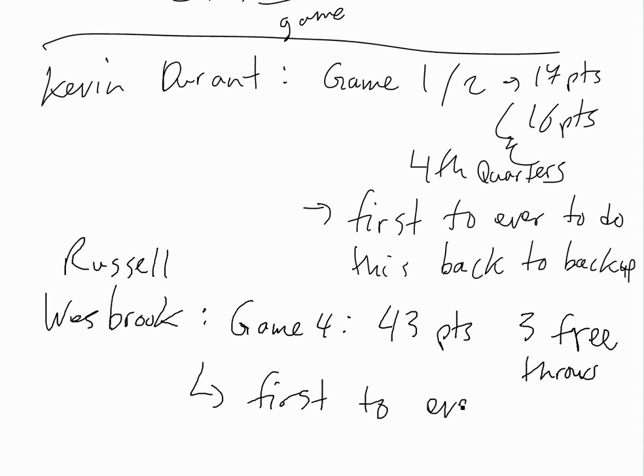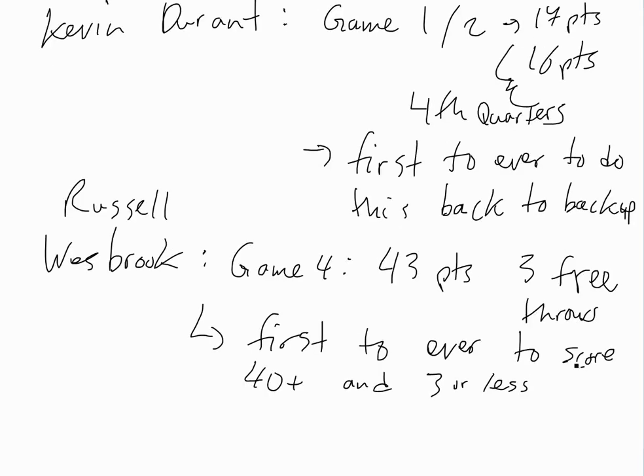First to ever score 40 plus with 3 or less free throws, which is quite remarkable because he was just dropping everything. Without even a free throw, he's still getting 43. 3 or less free throw attempts.